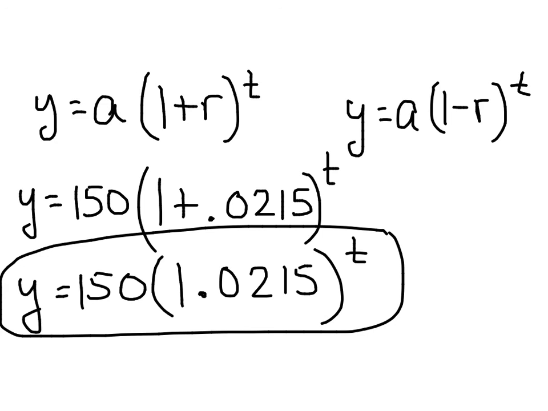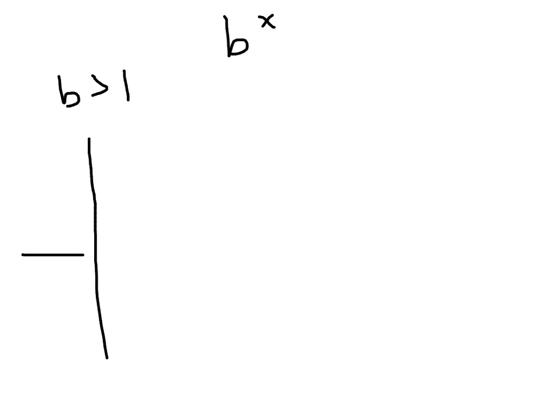So, I have also been asked to do this one more time, so I want to put it on here. If your base is greater than 1 and you are an exponential, like b to the x, the parent is going this way.